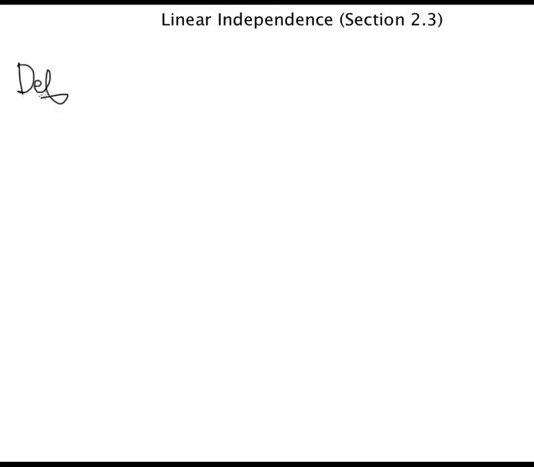So I'll write it out. The definition, it's a property of a bunch of vectors. Suppose I give you n vectors.